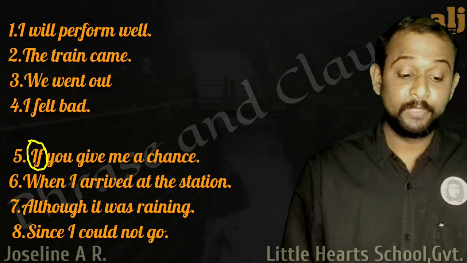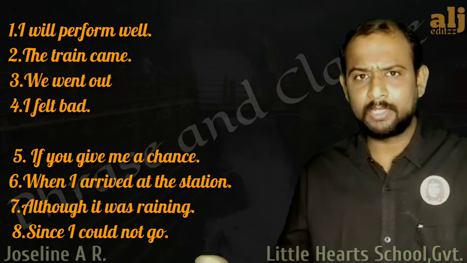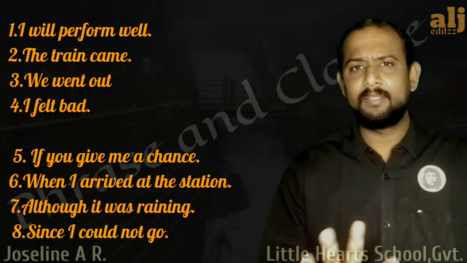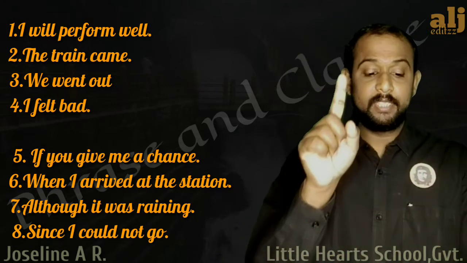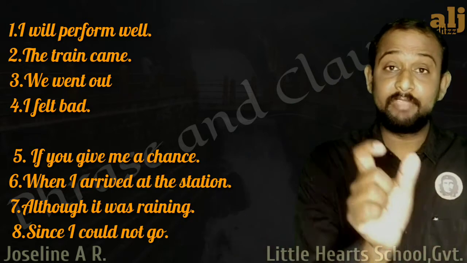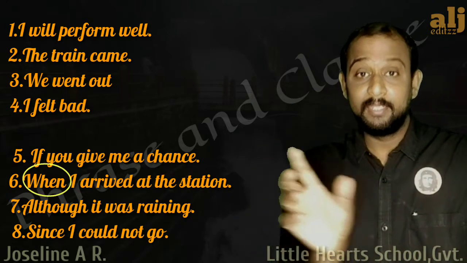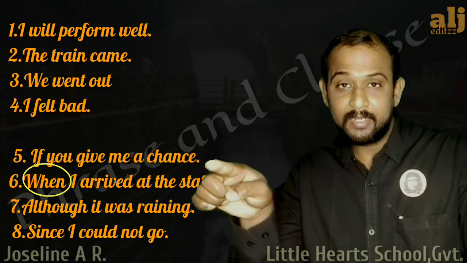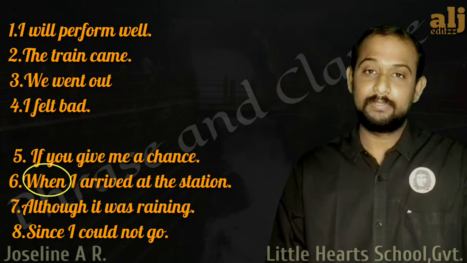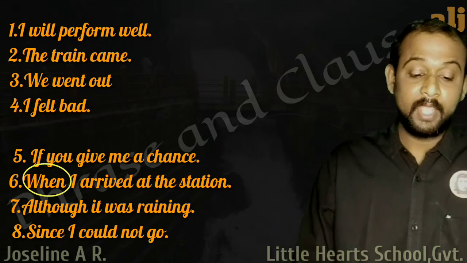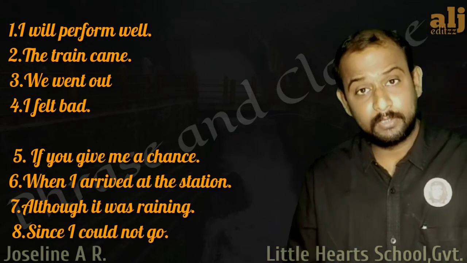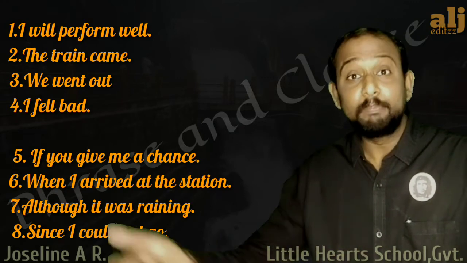Okay. Next one. When I arrived at the station. So what next? It is incomplete. It doesn't make a complete sense. You see, I arrived at the station makes a complete sense, but as we have when, a subordinator, it is incomplete. So this is called a subordinate clause or dependent clause. Okay, next, third one. Although it was raining. See, although it was raining, it is not complete.